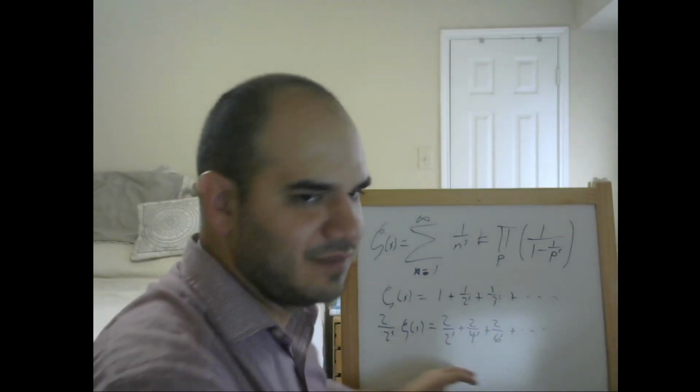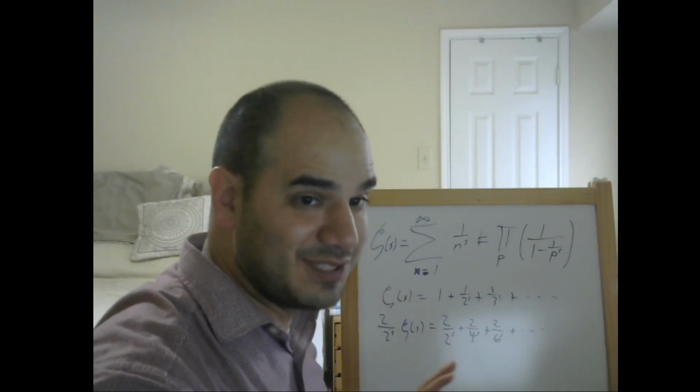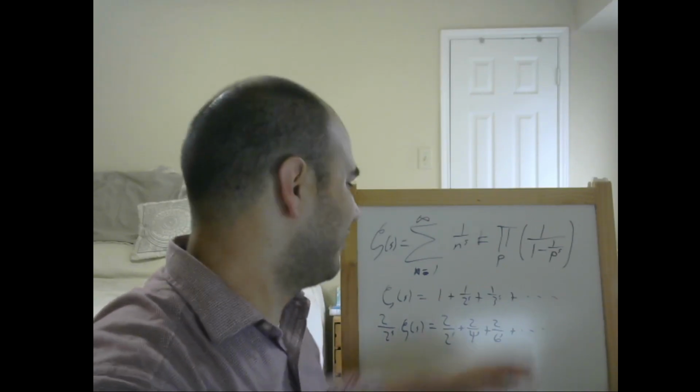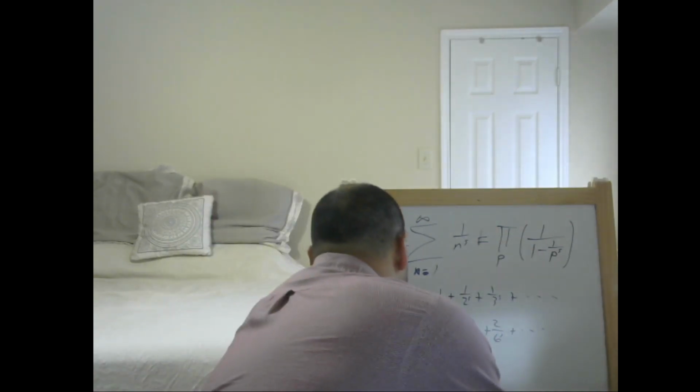So the even ones. And now we perform the subtraction, the same trick that we did whenever we were working with creating the geometric series in the first place.